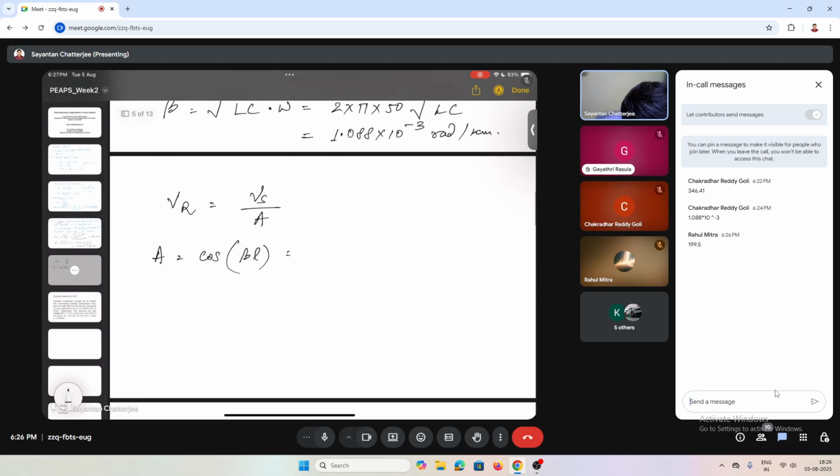So cos of beta L, beta means 1.088 into 10 to the power minus 3, multiplied with 400.